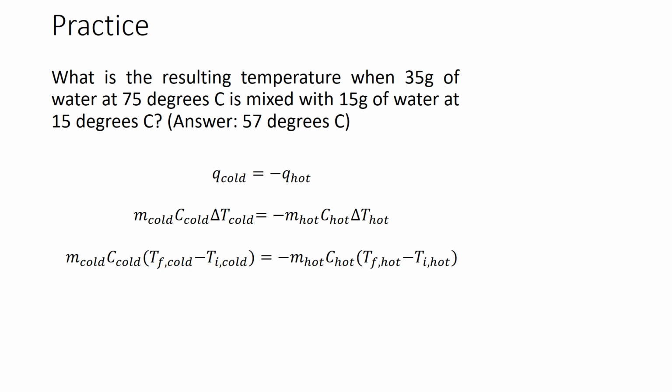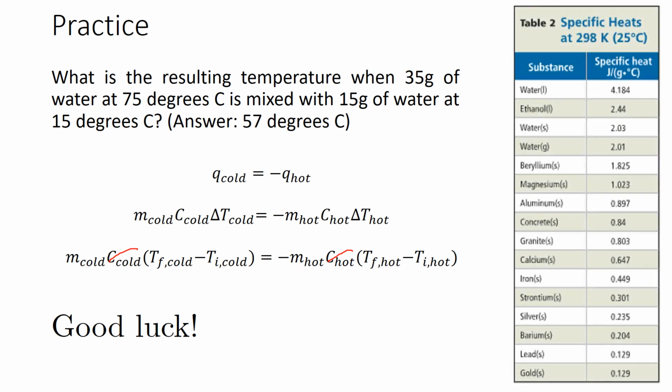The other thing you can do here is, because these are both samples of water, you can actually cross out the specific heat because it's the same on both sides. So you should just be able to plug your numbers in and you should be able to get 57 degrees Celsius. We'll discuss it in class if you don't, but good luck. And there's your chart.